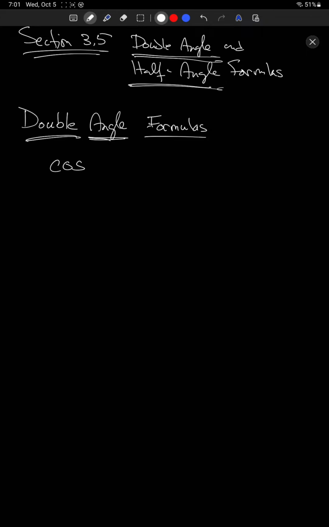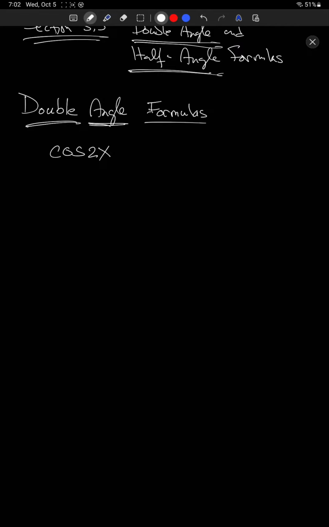So the idea here is if we know cosine of x, what's cosine of 2x? What's cosine of double the angle? If we know sine of x, what's sine of 2x? And so on. So we want a formula for cosine 2x. In a way, we already talked about this when we talked about the cosine identities, because cosine of 2x is just cosine of x plus x.